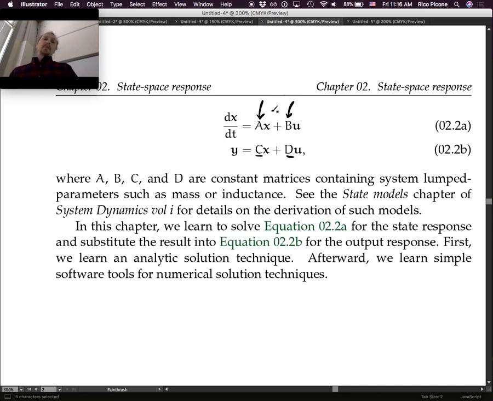The linear aspect is the fact that we are able to write the right-hand side of each equation as a product of a matrix and a vector, okay? So they're linear in the variables that are in x and linear in the variables that are in u. So they're linear in the states and linear in the inputs, okay? The reason why matrices are a big part of linear algebra is that they represent linear systems really well.